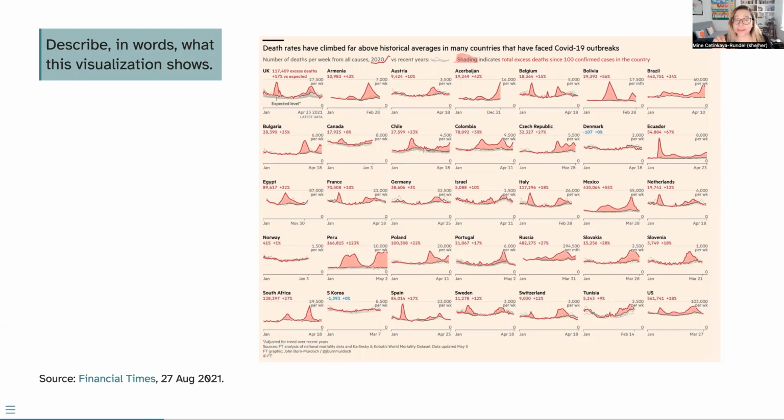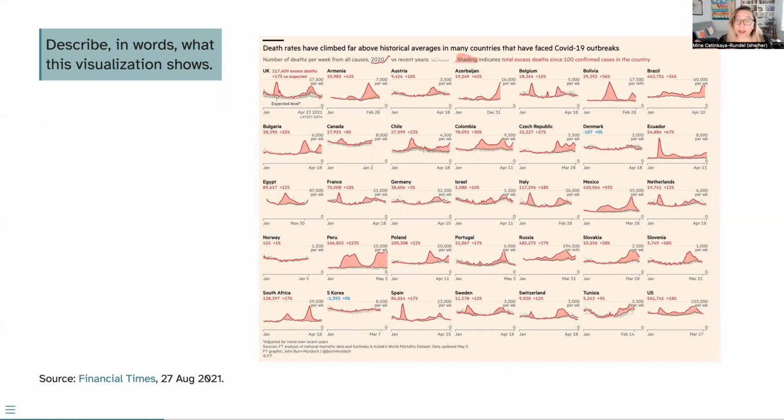Here we have death rates for various countries, and we're comparing them to historical averages. The title at the top says the death rates have climbed far above historical averages in many countries that have faced COVID-19 outbreaks. And this is data from August 2021, so over about a year ago.